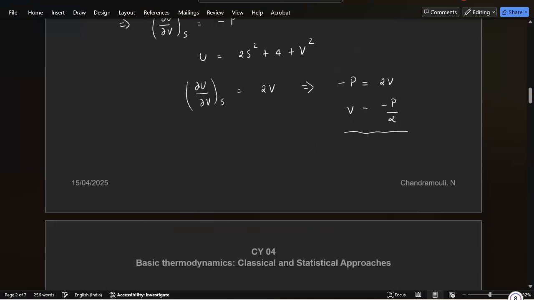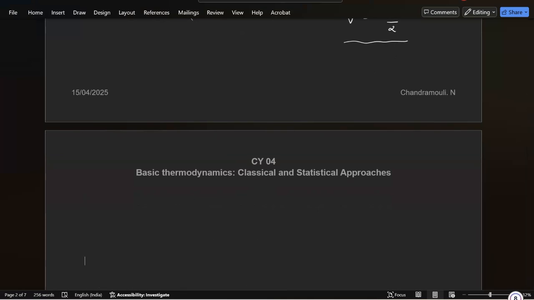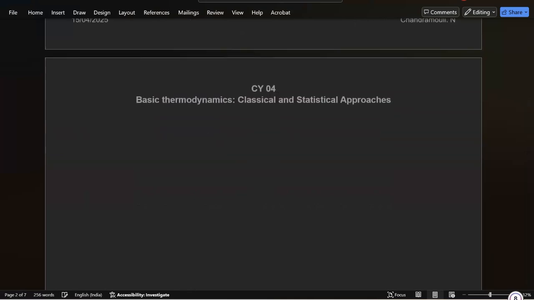Now we'll calculate the enthalpy. So enthalpy, as we spoke before, is a natural variable of pressure and entropy, and also number of particles. Right now we are considering only one particle, so let's leave that out. And also, you know the formula, right? Enthalpy is equal to what? You tell in terms of U and PV. What is the formula?